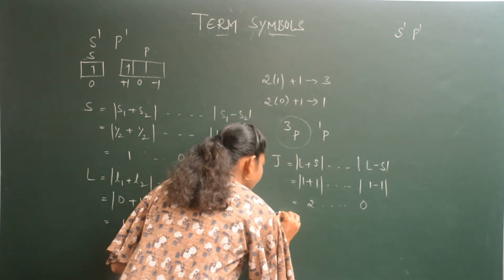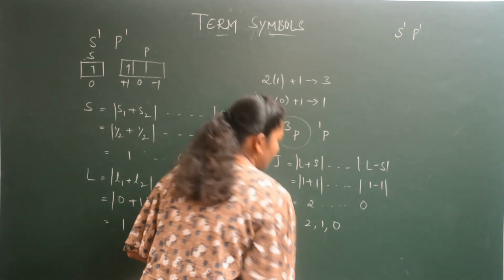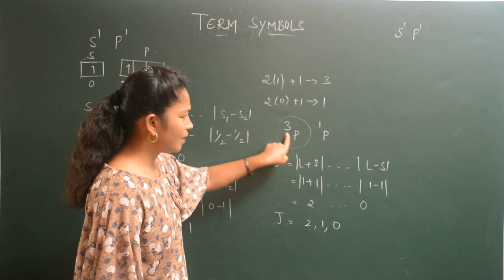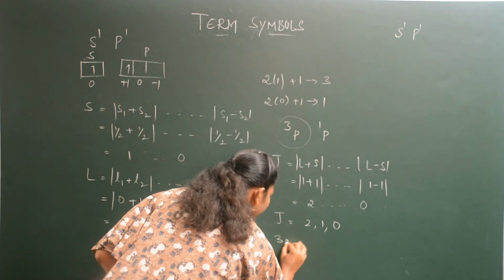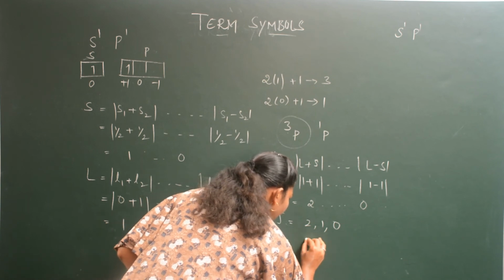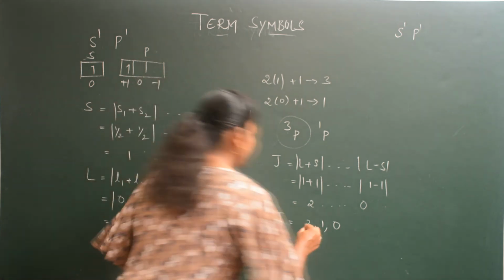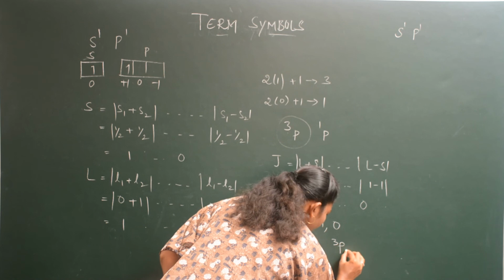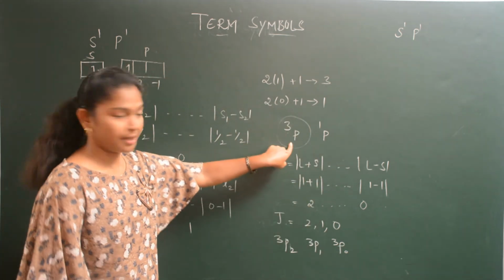So the possible J values are 2, 1, 0. So for 3P you can write the term symbols 3P2, 3P1, 3P0. These are the possible term symbols for 3P.